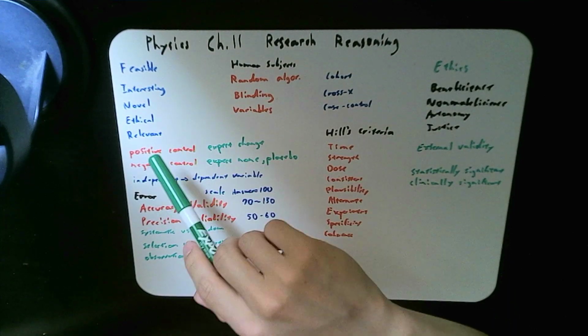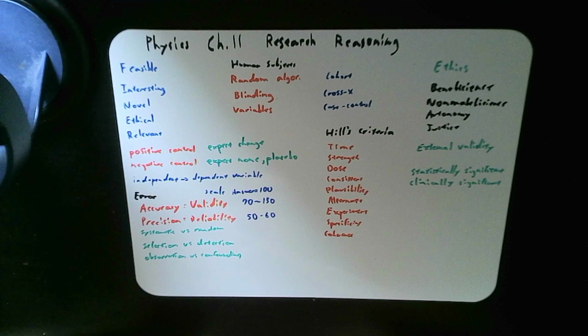And we also have what's called a positive control and negative control. Control, as you know, is making sure to compare as a baseline against the experimental data. Positive control is when you expect a certain change to happen.